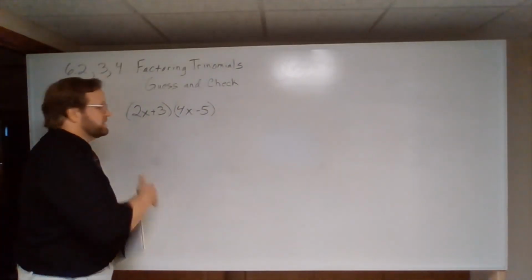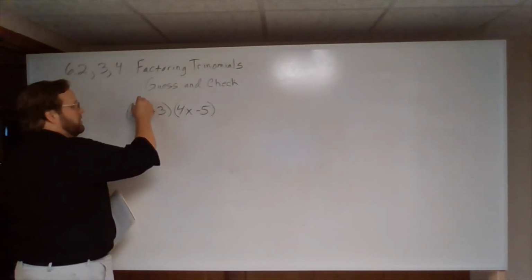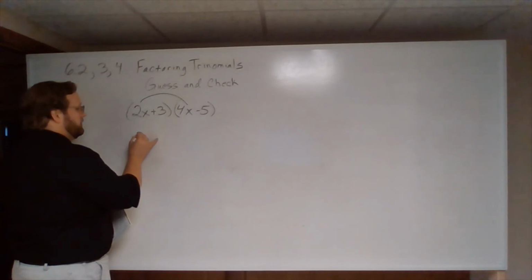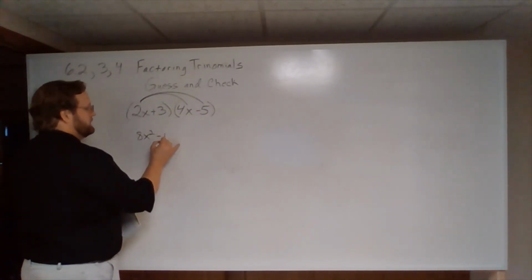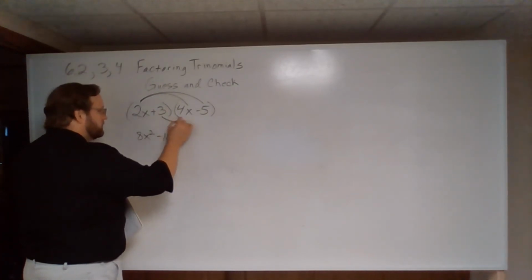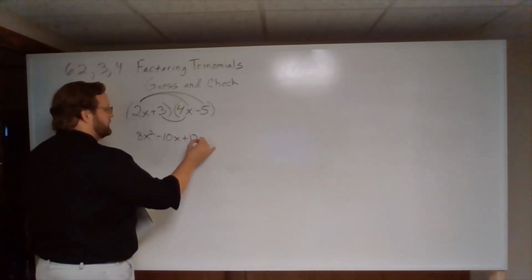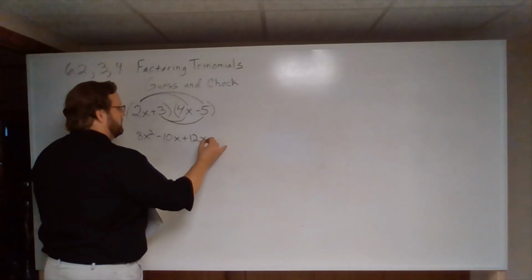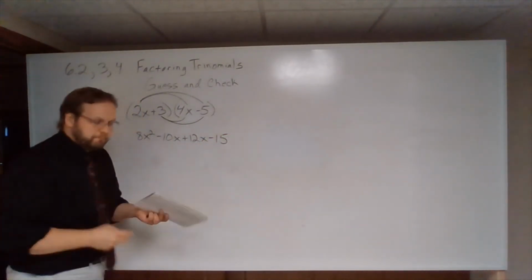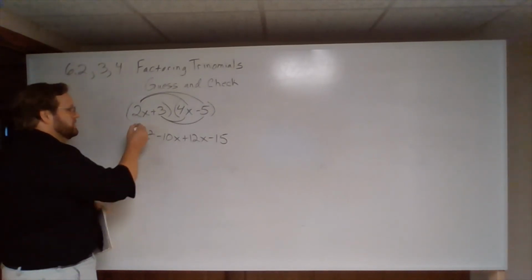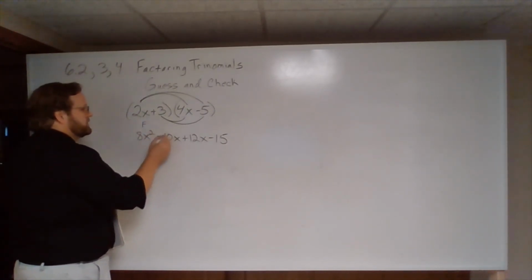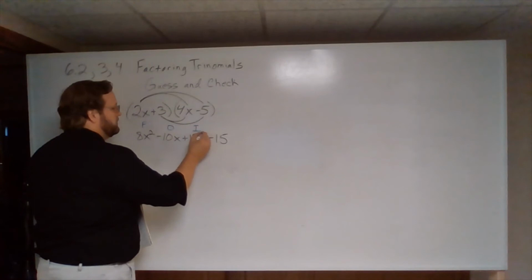If we were to FOIL this, we go through this pretty quickly. We just go 8x squared minus 10x plus 12x minus 15.